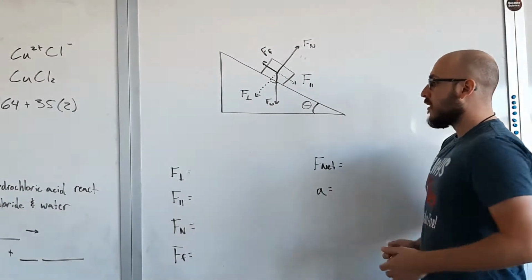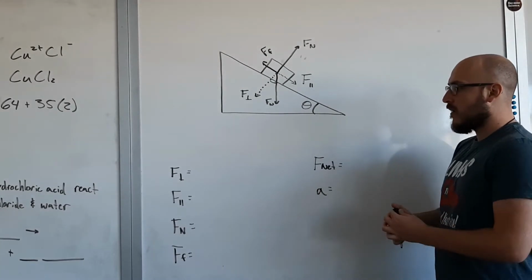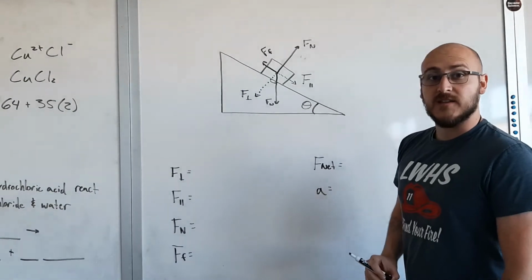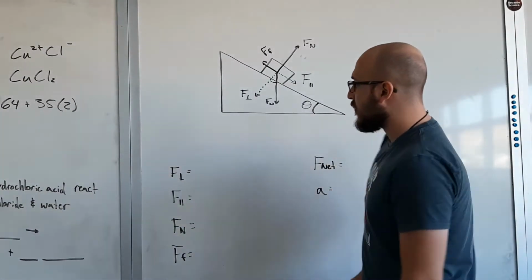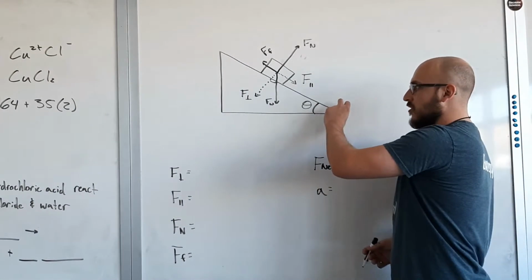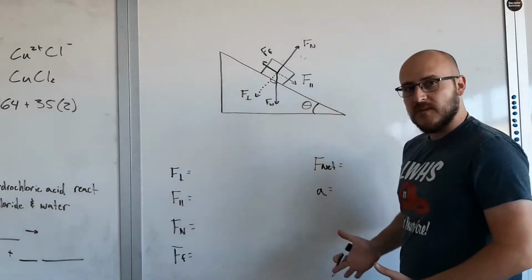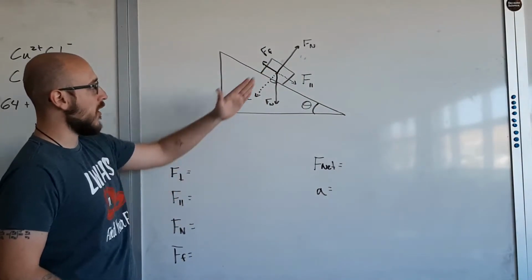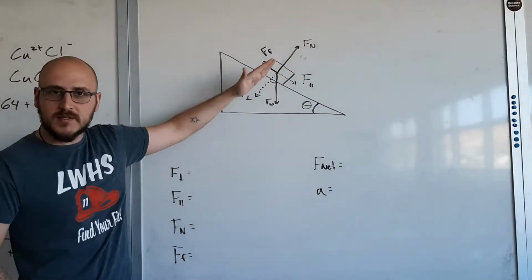All right, so now looking at our components and our normal force, finding friction and stuff, let's go through it. Your perpendicular component is still the side of a triangle. That triangle is still a similar triangle to the ramp that the block is on. We're looking for that side that is adjacent to our angle.